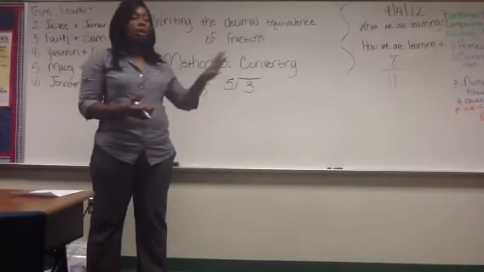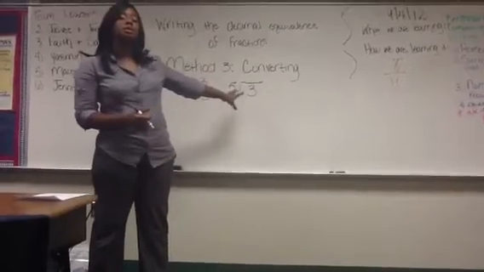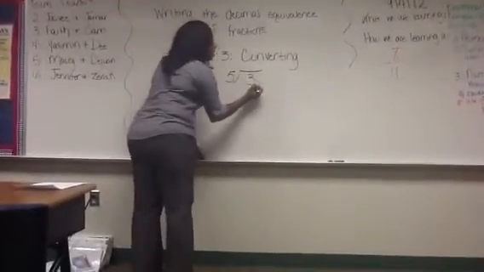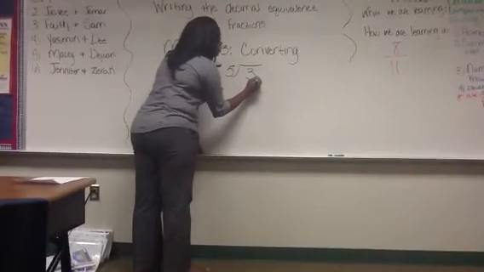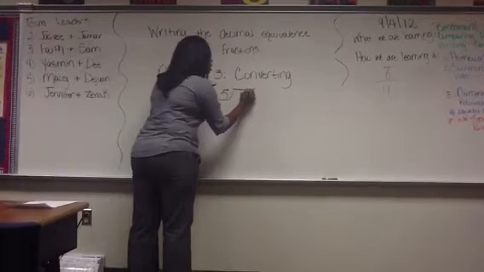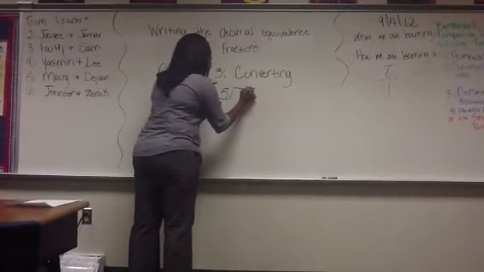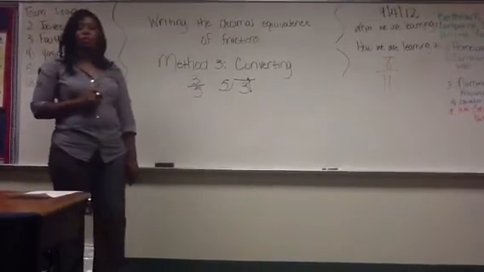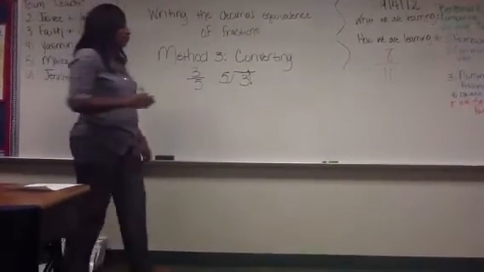So, we're at step 1. We just set up the division problem. Step 2, add a decimal. Take your decimal, move it to the top of your division house. And we're almost there.